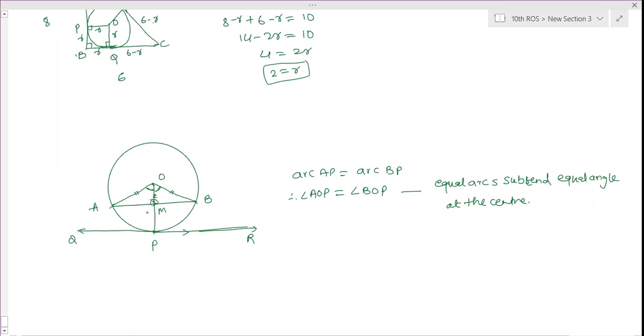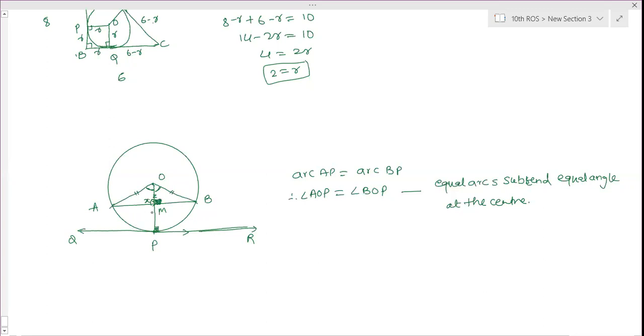Consider them as x and x. x plus x is equal to 180, so 2x is equal to 180, x is 90. And we already know this is 90. So this angle and this angle are equal. These two are corresponding angles. If the corresponding angles are equal, then the lines are parallel.